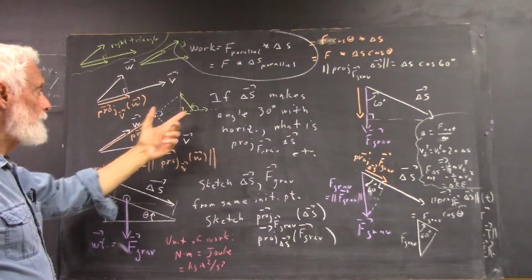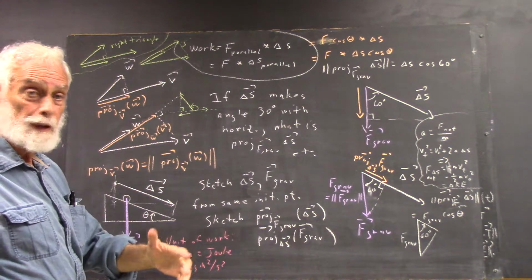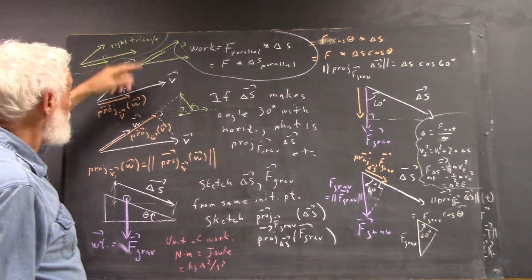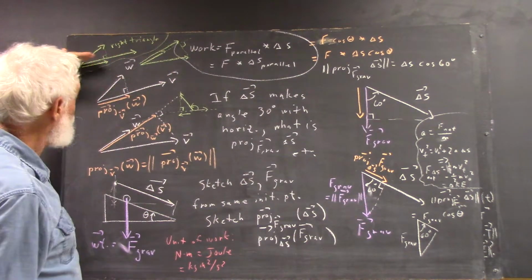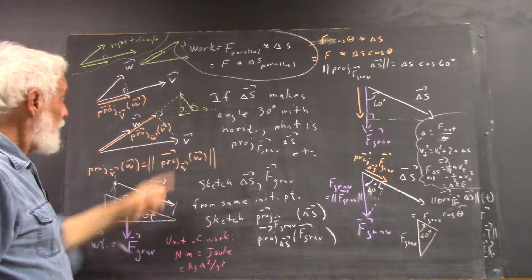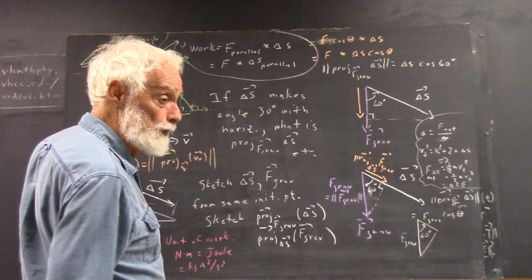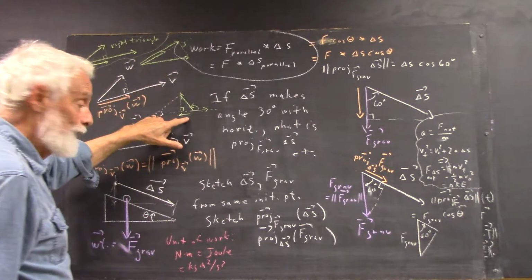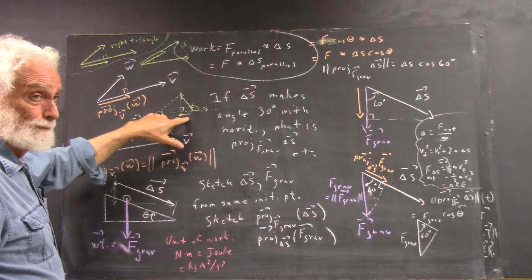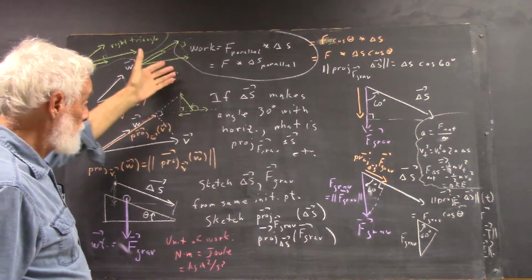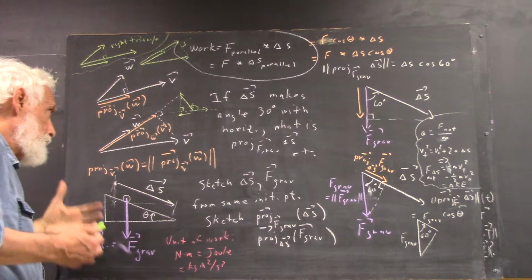Now, what is it about this picture that indicates that we should be getting a negative? Well, in both this case and this case, the projection was in the same direction as the vector we were projecting onto. In this case, the vector's in the direction opposite the vector we're projecting onto. So, in this case, we want to really make sure we understand that we have a negative. So you want to draw a few of these with obtuse angles and see how that works.